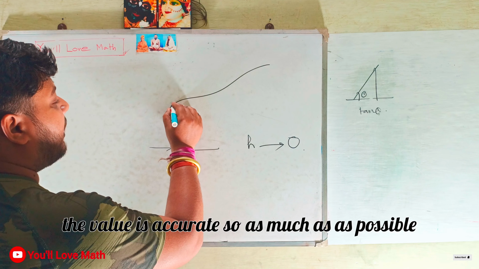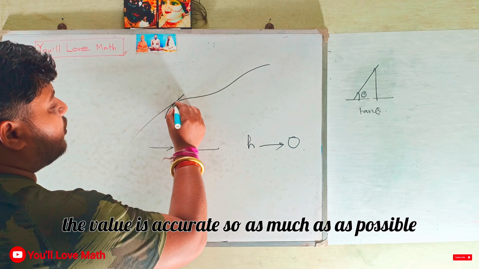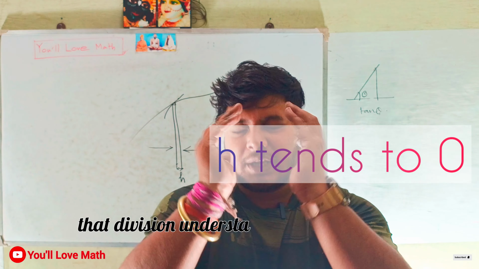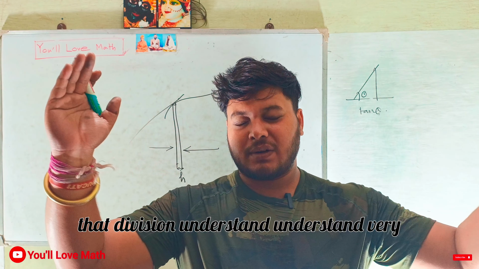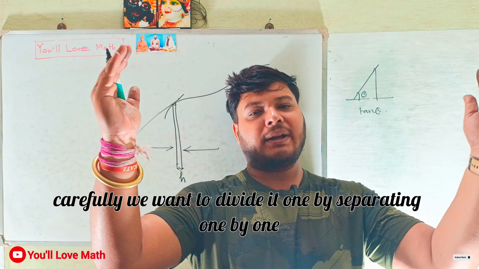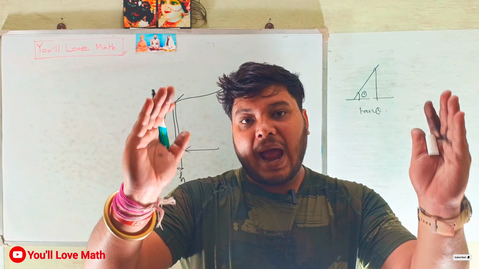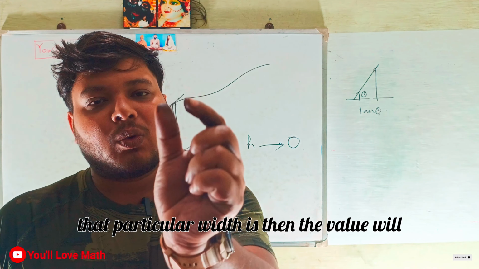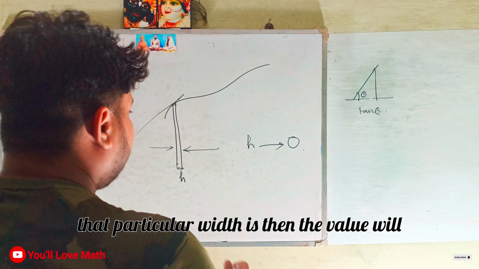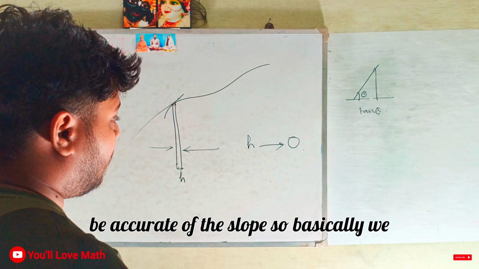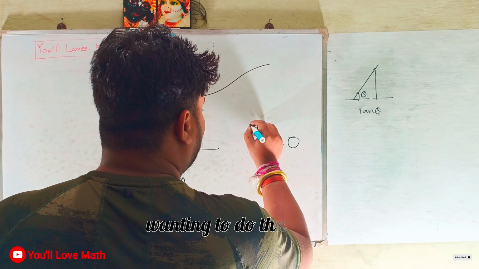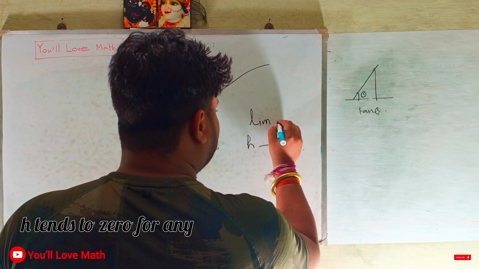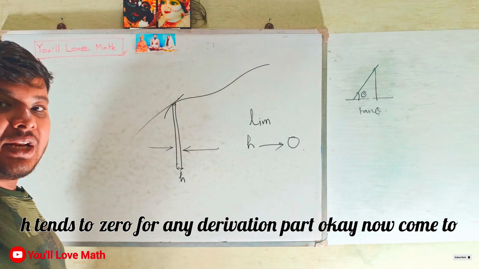As much as possible we will make the width of that division nearer to 0. Understand very carefully. We want to divide it one by one, and the smaller the width is, the more accurate the slope will be. So basically we do the limit h tends to 0 for any derivation.